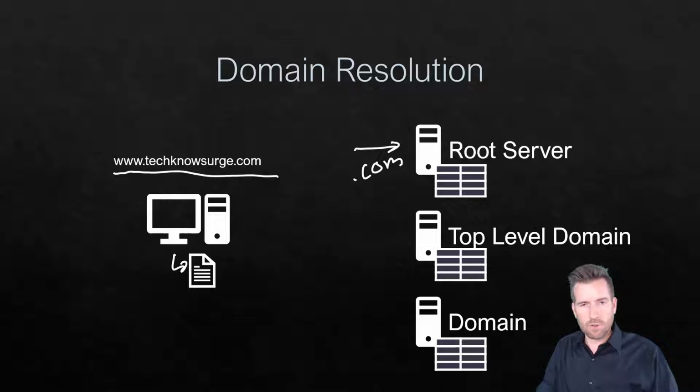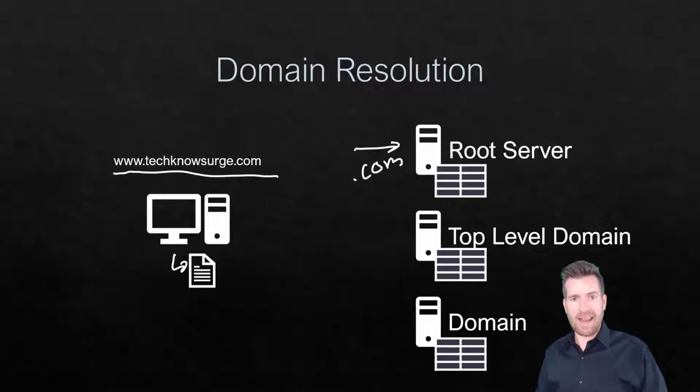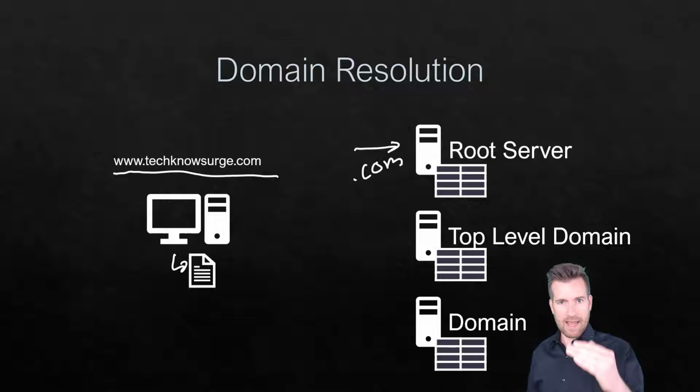And you're asking the root server this question. Sometimes your machine has a list of root servers on it. Like if you're using a Linux machine, there'll be a list of root servers on it. Or if you're looking at a DNS server, it'll have a list of root servers that it's going to go and query and ask this question to.